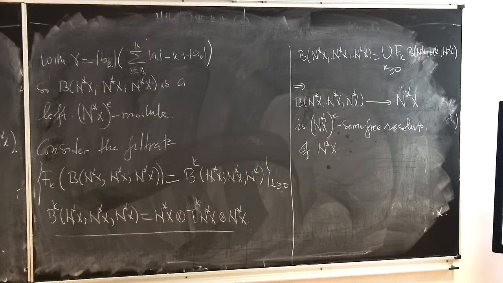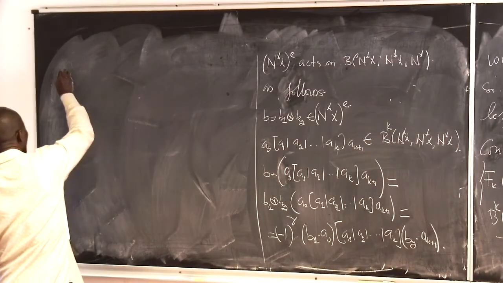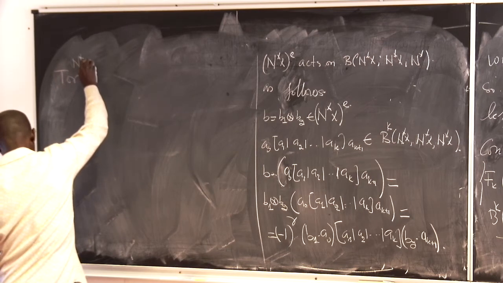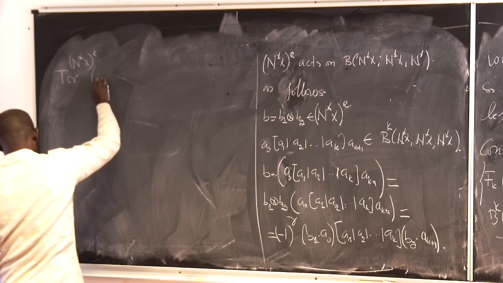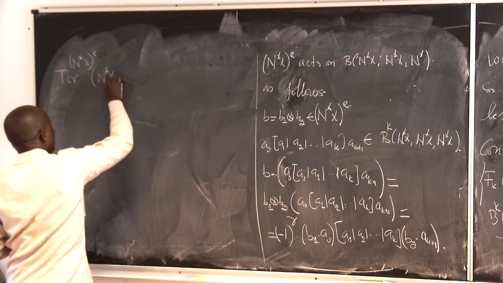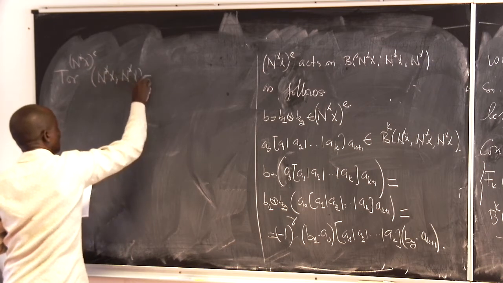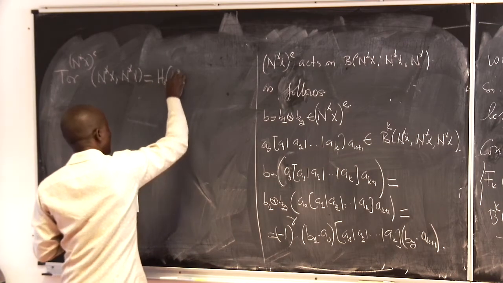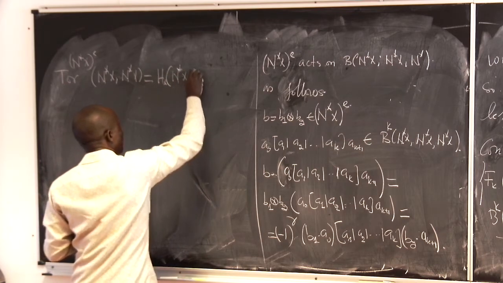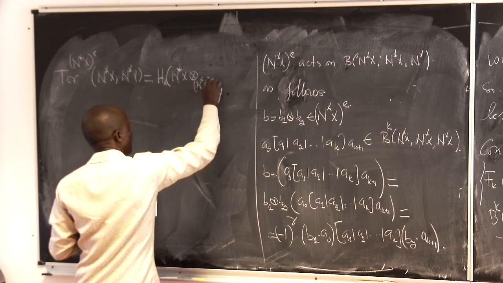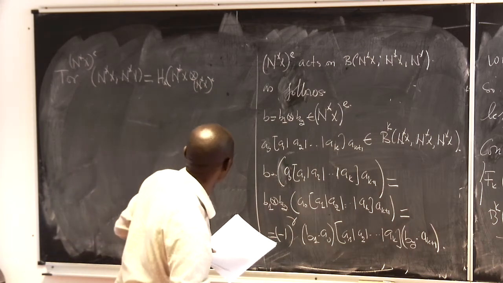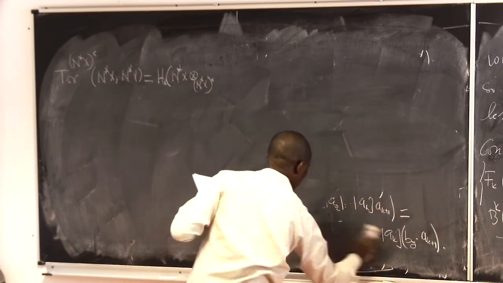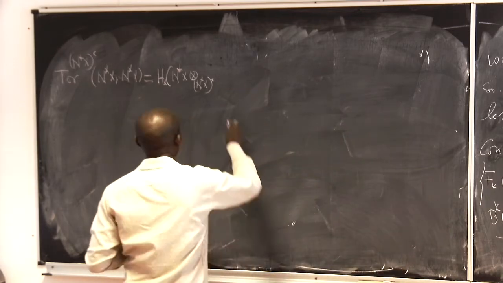So we have, from the definition of the Eilenberg-Moore differential Tor, that this is equal to this.